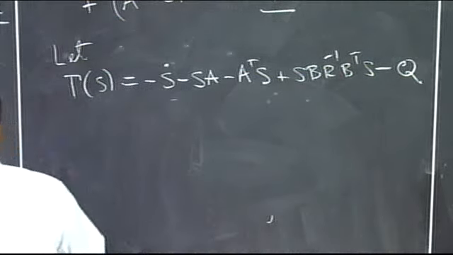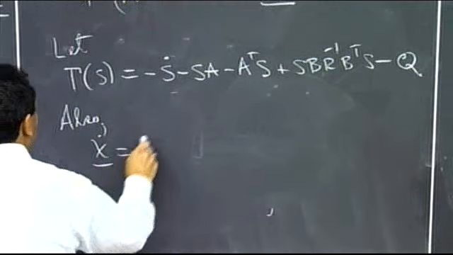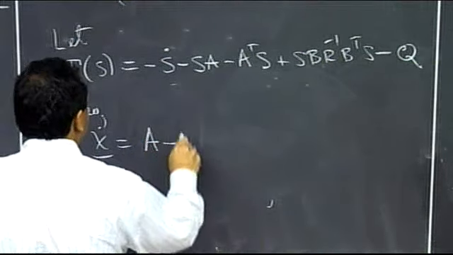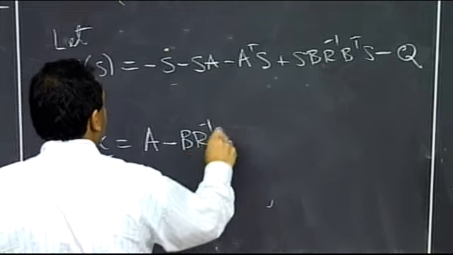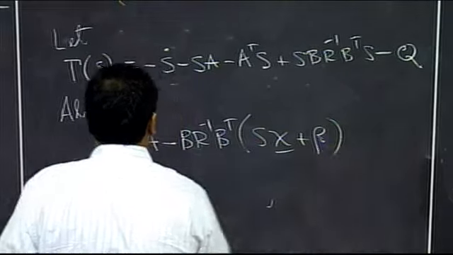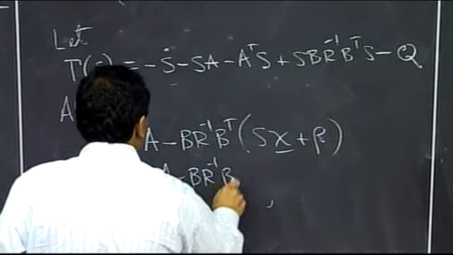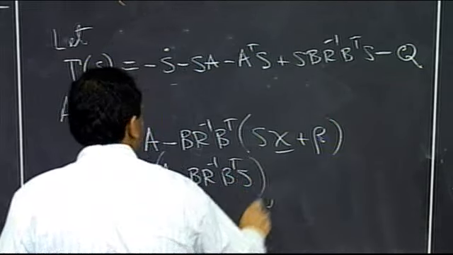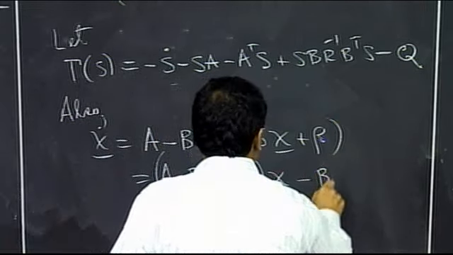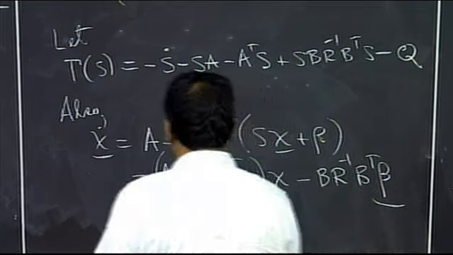So X dot is equal to A minus B R inverse B transpose times Sx plus beta, which gives me A minus B R inverse B transpose S times X minus B R inverse B transpose times beta.